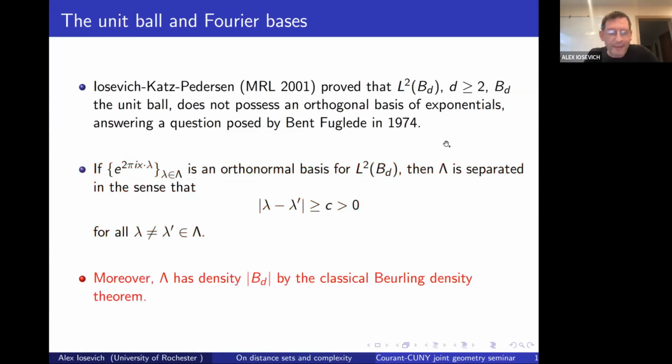Also, it is not that difficult to show that lambda has density equal to the volume of the ball. So it has positive density, so these points are everywhere. This is a classical Beurling density theorem, which is a beautiful result, but we don't need it for what I'm about to show you, because we just need to know that the density is positive.